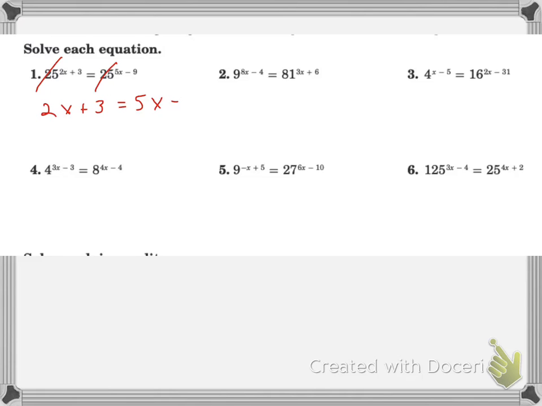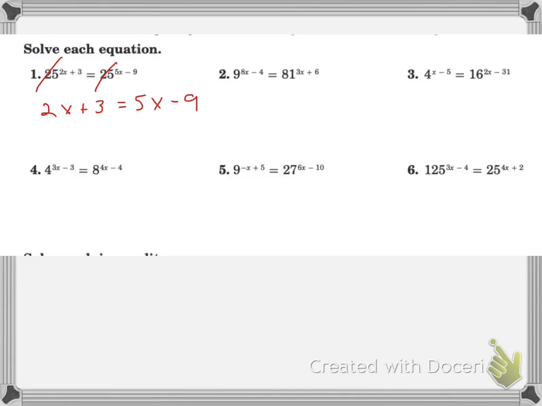I hope that makes sense to you. So if they have the same base, the exponents are equal if the equation is equal, okay? Because whatever value that is on the left side, it's the same exact value on the right side. So in this case, all you have to do is drop your bases. They're the same. Set the exponents equal to each other, and you know how to solve that.